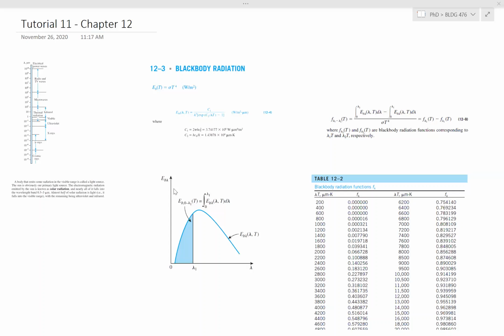One of the basic things is this idea of black body radiation. This is something we saw before, but we're getting into a little more detail, which is that if you have a surface, it's going to be emitting some amount of energy. The amount of energy it's emitting is the Stefan-Boltzmann constant times T to the 4, so it's purely based on temperature.